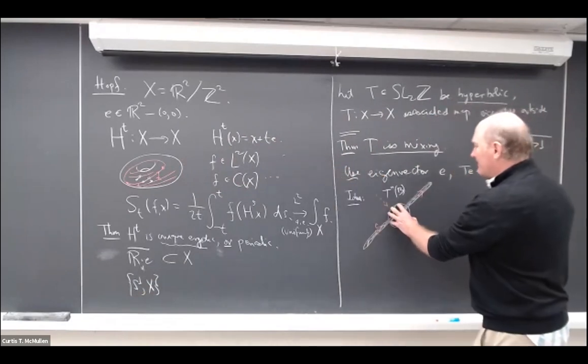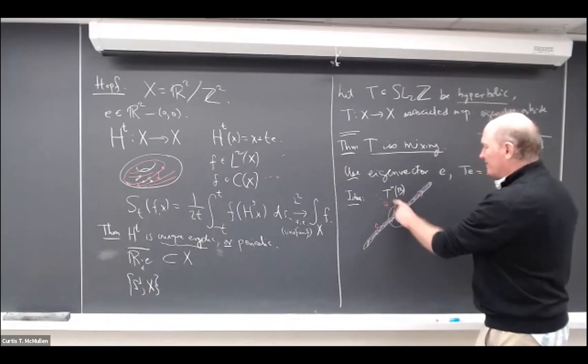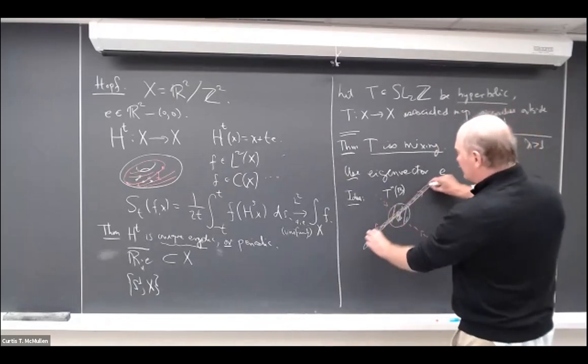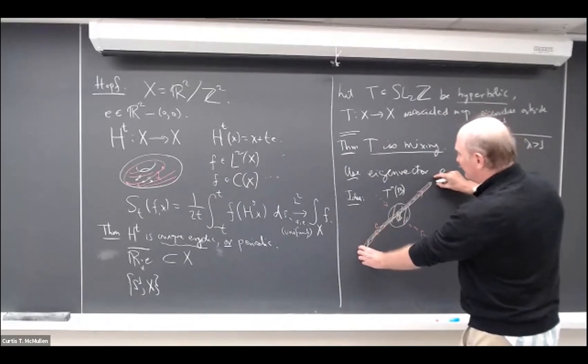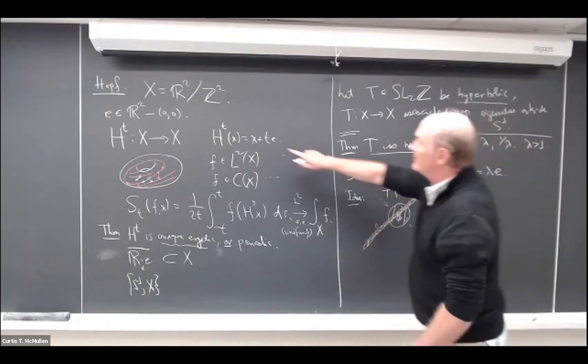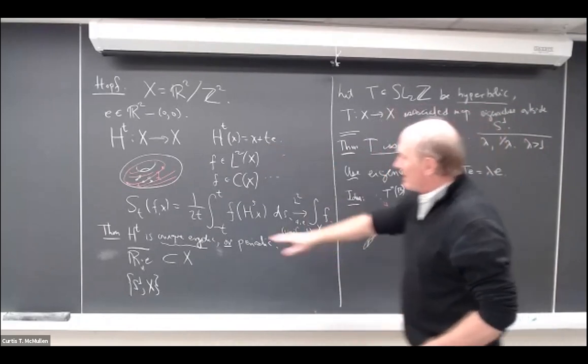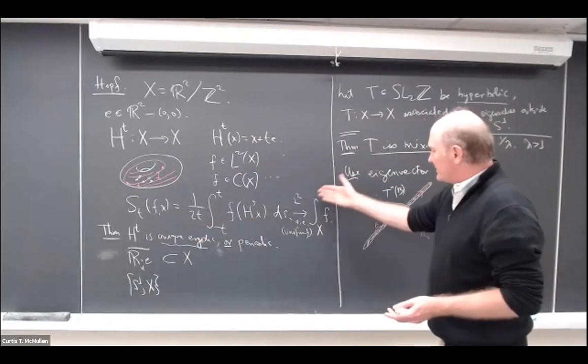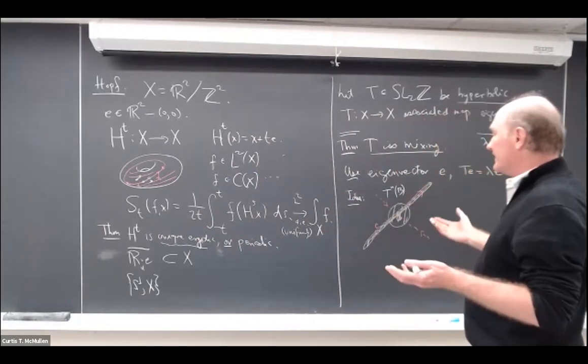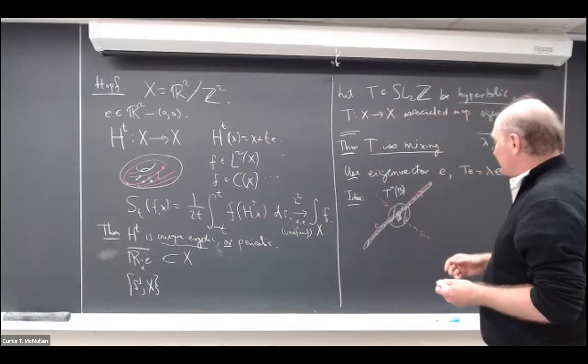So that means averaging over a large image of this ball is very similar to averaging along a long leaf of the expanding foliation or a long orbit of H_t. Oh, but averaging along a long orbit of H_t just converges to the average over all of the torus.